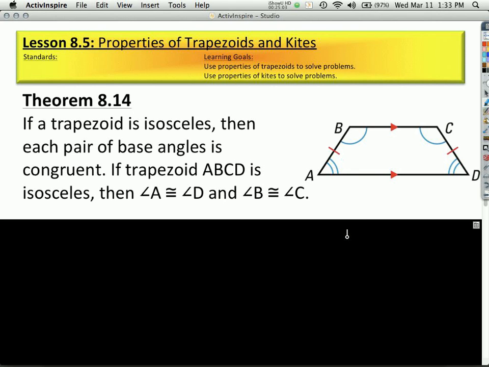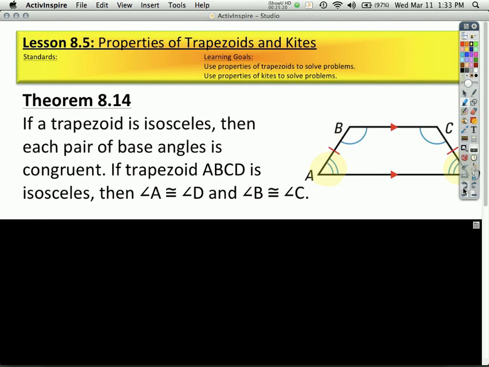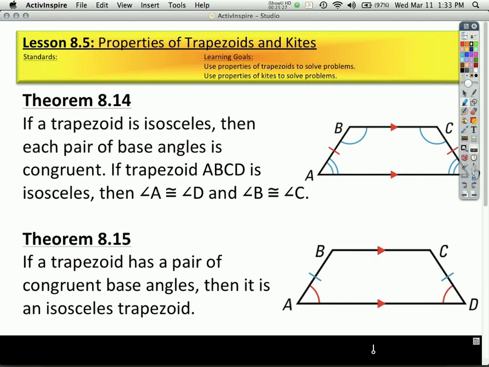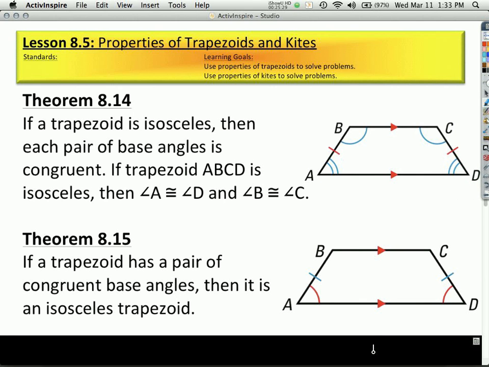So in the first theorem, and again, the name is terrible, so don't bother with the name. But if a trapezoid is an isosceles trapezoid, then each pair of its base angles is going to be congruent. So this is congruent to this over here. So they're consecutive. And this is congruent to this. Any questions about that? That's if the trapezoid is isosceles. Now the converse. If there is a pair of base angles that is congruent, then it's going to be an isosceles trapezoid.